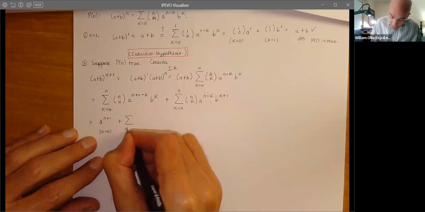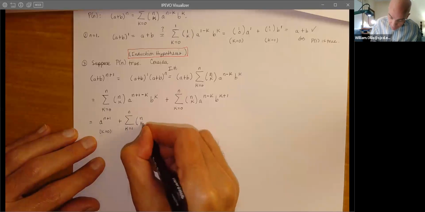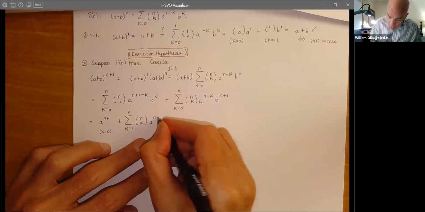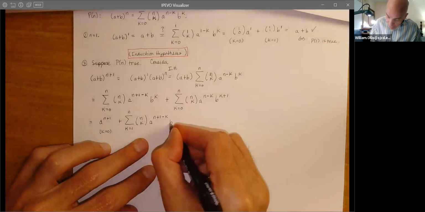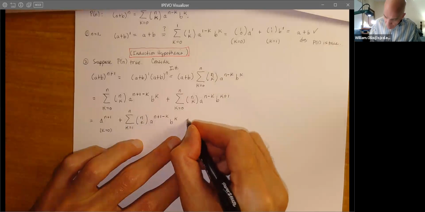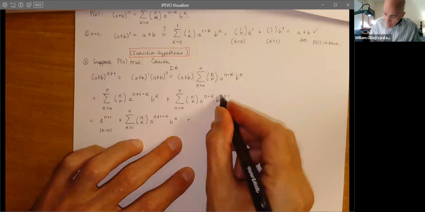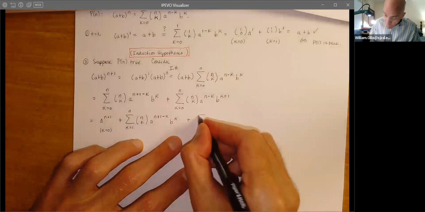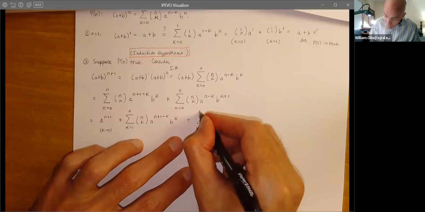So now we have k equals 1 to n choose k, a to the n plus 1 minus k, b to the k. Now we have plus, we're going to remove the k plus 1 term, so that's the n term, or the k equals n term. So we'll just ascend to n minus 1. So we're going to have to re-index to be able to add these.